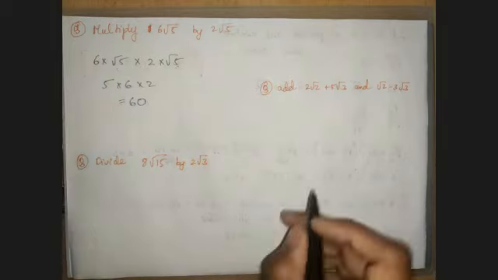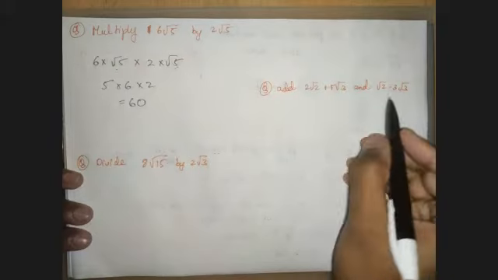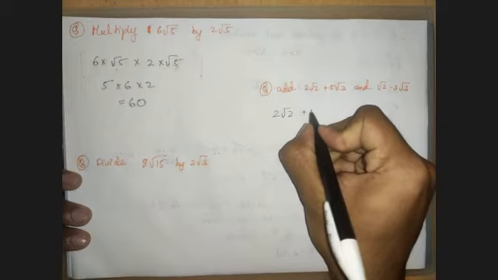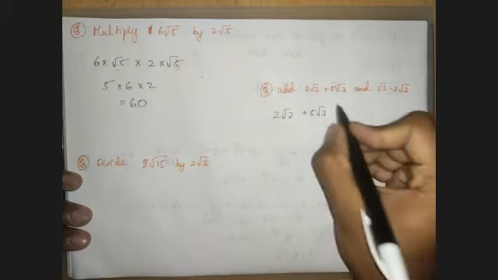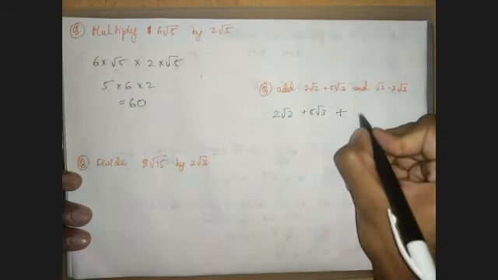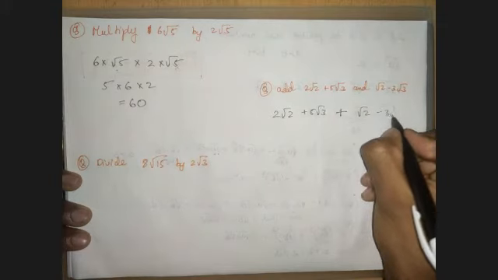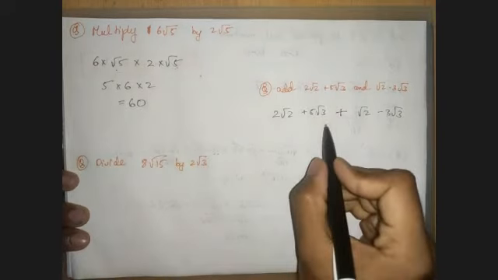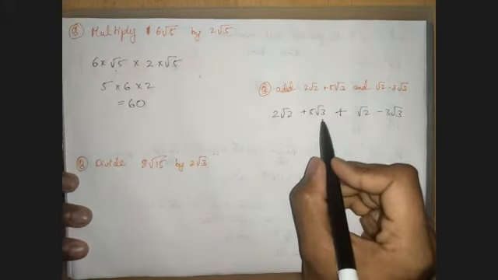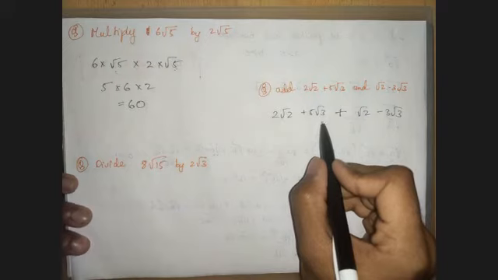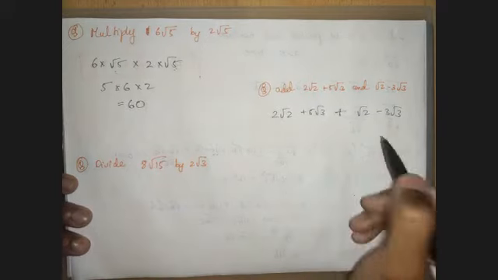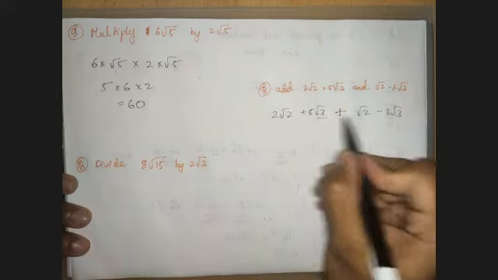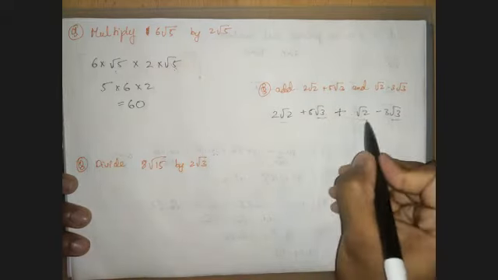So now let us look at addition of two numbers. That is 2 root 2 plus 5 root 3. We have to add plus root 2 minus 3 root 3. Now here, we can add only the like numbers. That means we can add meter to meter, kilogram to kilogram. So like that, we can add root 3 to root 3 and root 2 to root 2.